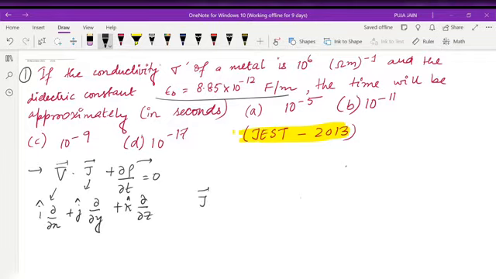J is our current density, and rho is our charge density, charge per unit volume.